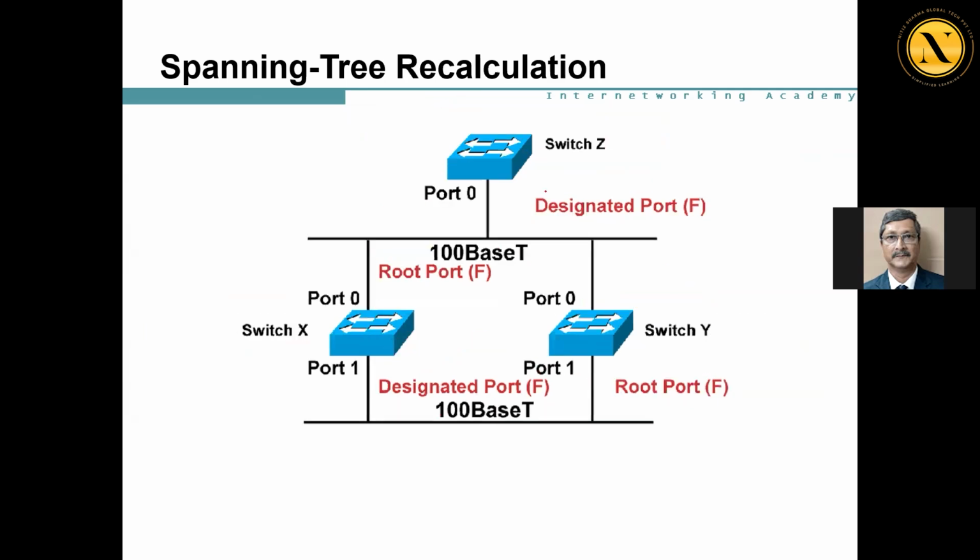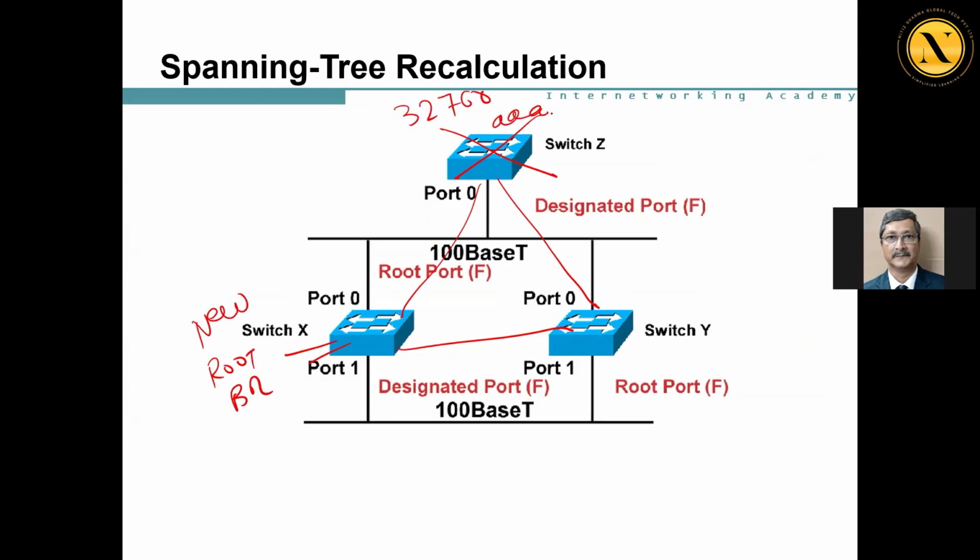And now, supposing they were connected like this, supposing if this switch dies, the new root bridge will become this one, correct? New root bridge, because we are presuming everybody's priority was same, but this guy's MAC was A, this guy was B, and this guy was C. So he will become the new root bridge, right?